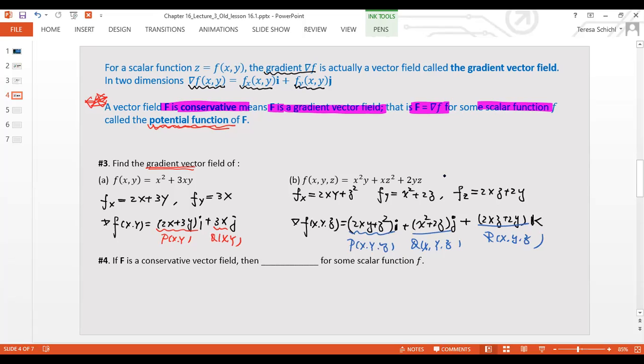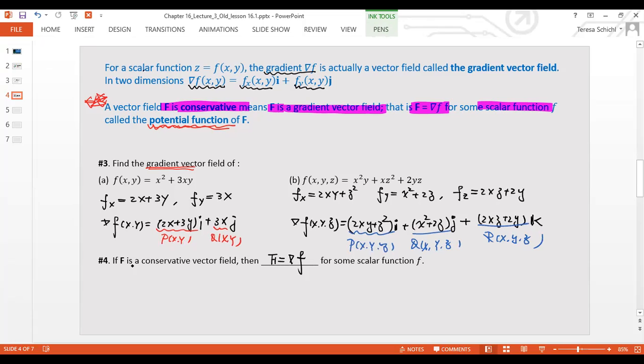Okay. So now the next thing here is if F is a conservative field. This is just to emphasize the definition. If F is a vector field, then what does that mean? That means F is equal to del f for some scalar function f.